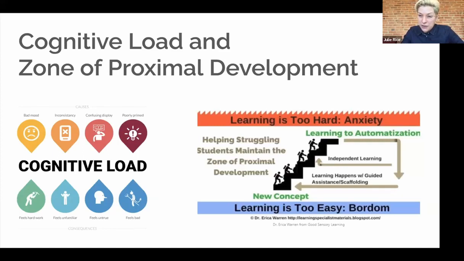In the simulation environment, because you as an educator have so much control over the experience they're having, you can use the concept of cognitive loading to dial up the intensity or dial back down the intensity of the simulation in order to keep them in the zone of proximal development.